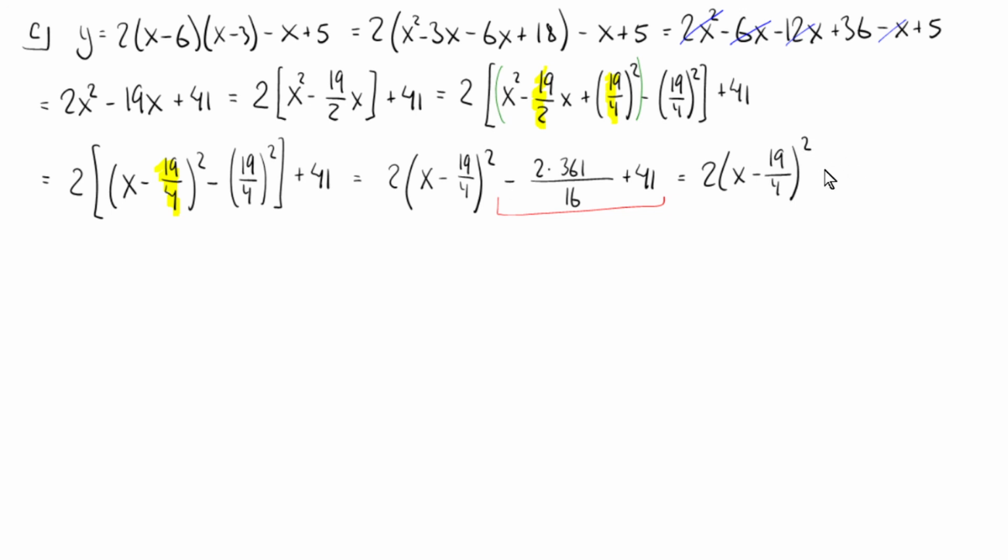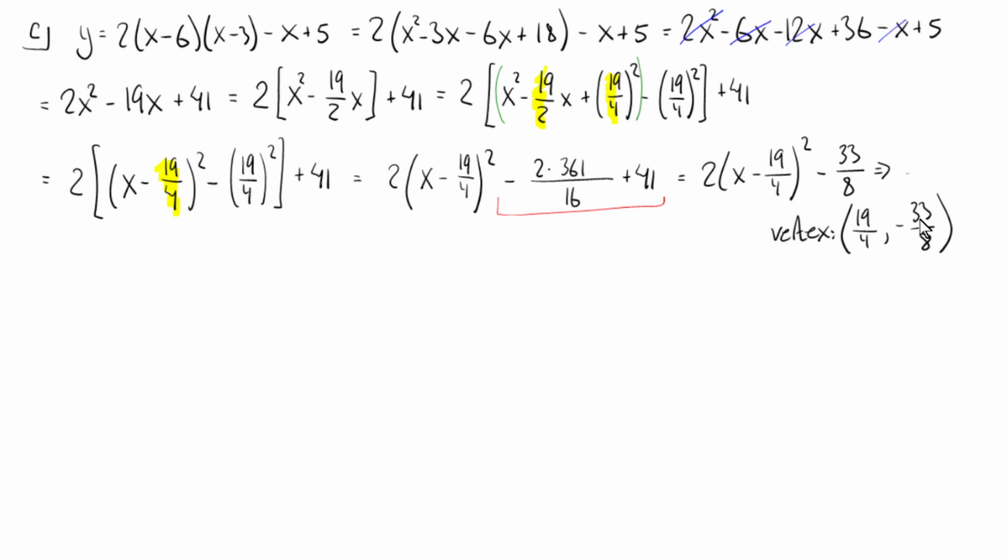And if we combine these 2 terms, we're going to get negative 33 over 8, which means that at this point, we have it in vertex form. The x-coordinate of the vertex is 19 over 4. The y-coordinate of the vertex is negative 33 over 8.